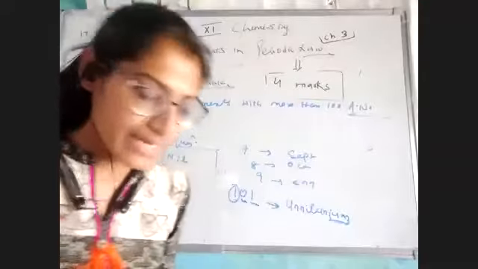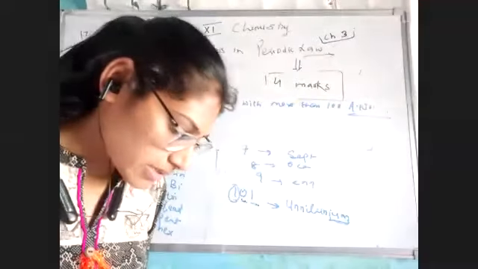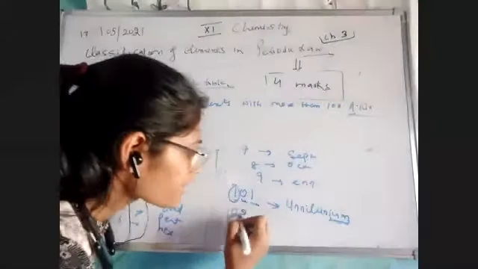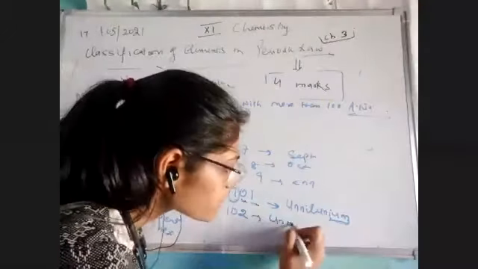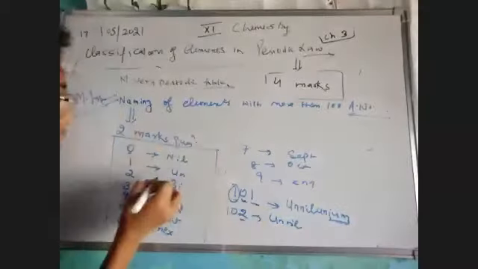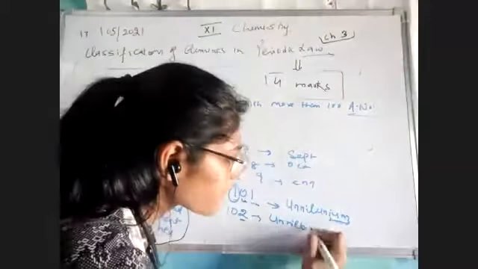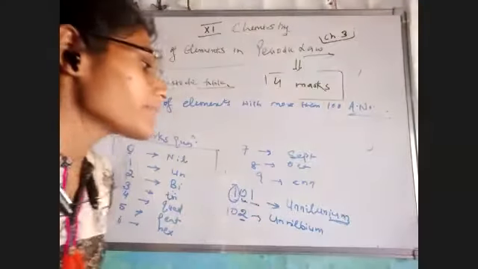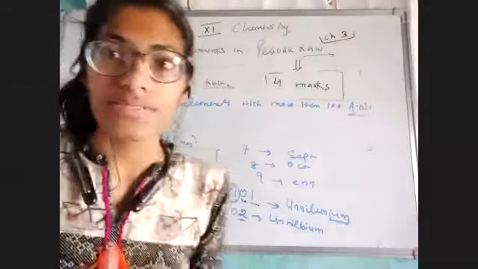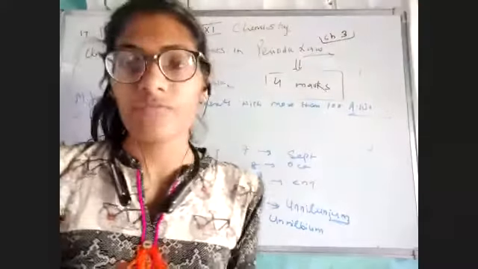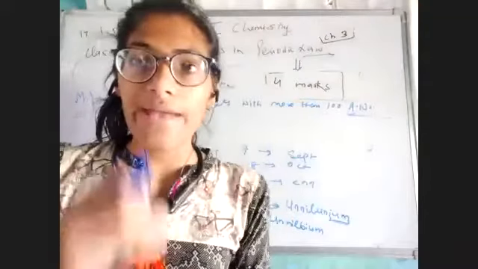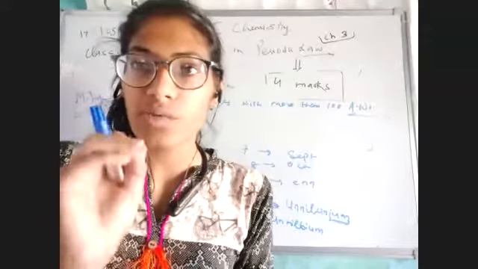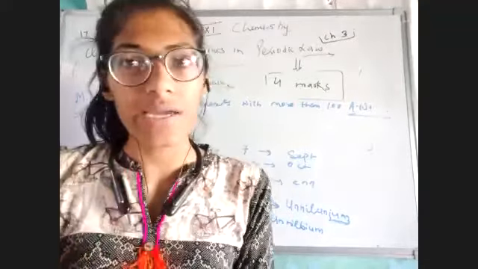Okay, same as it is. Let me take a simple example, that is 102. So 102 would be un, nil, and 2 is known to be bi, so bium. Okay, un, nil, bium. Now same as it is, you have already known that if we have so many elements, we have to arrange them in the form of a symbol. We have to arrange them in the form of some symbol.